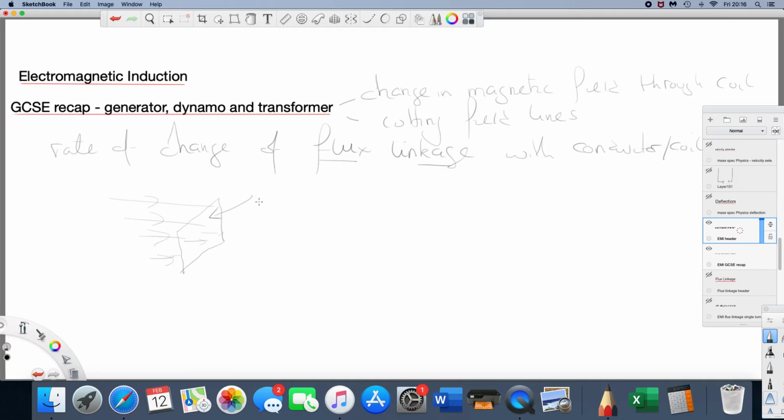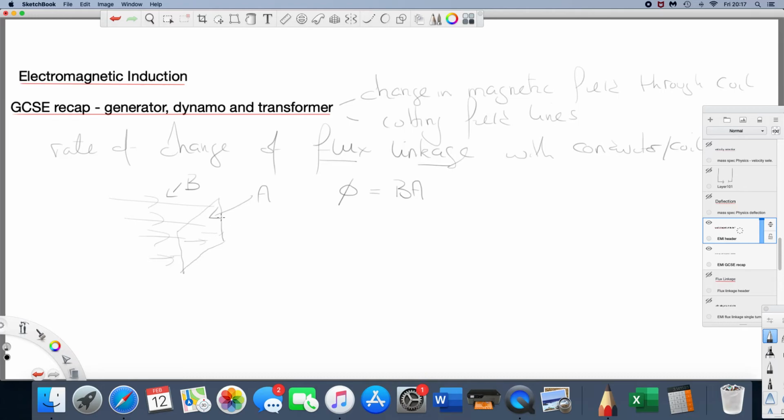If that has an area A and this has a flux density B, your flux phi through that turn is B times A.